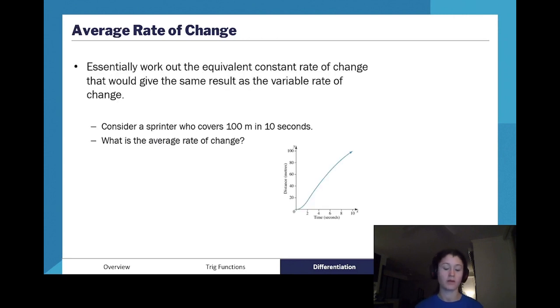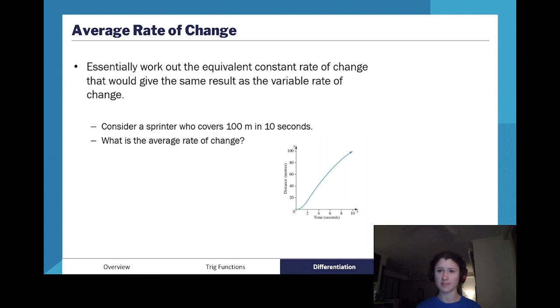So, let's look at calculating the average rate of change. Consider a sprinter who covers 100 meters in 10 seconds. The average rate of change, right, is going to be 10 meters per second, because we just divided the distance by the time.